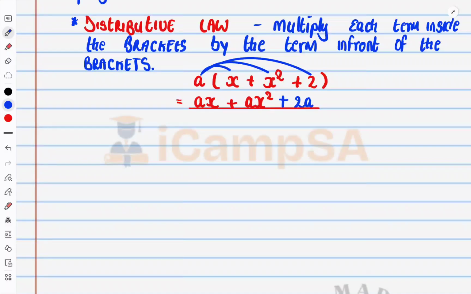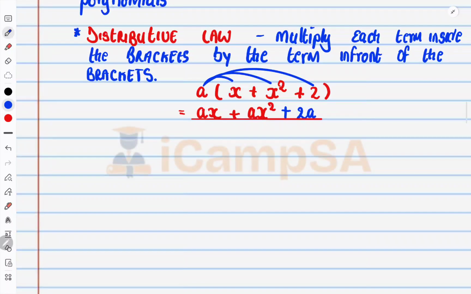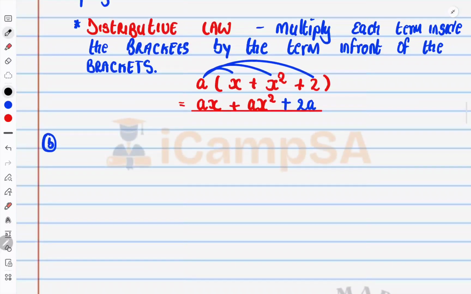Okay, and then for our 2.2 or B, let's call it B, we will have products of two binomials. It's when we are multiplying two binomials.